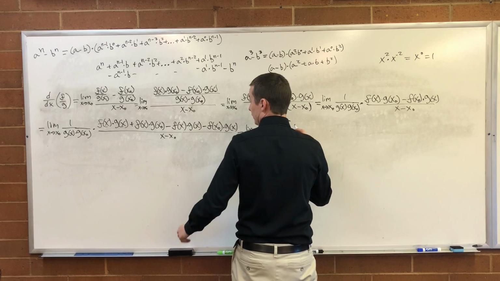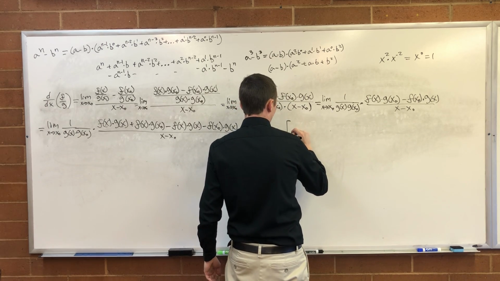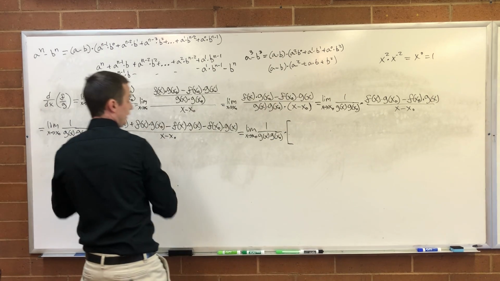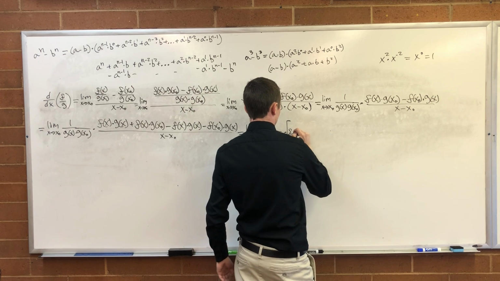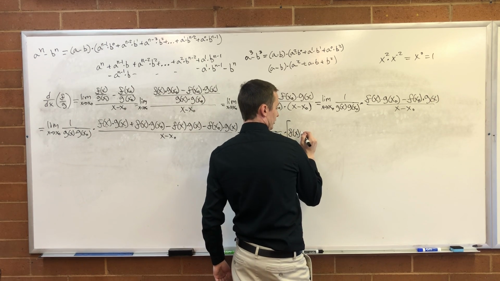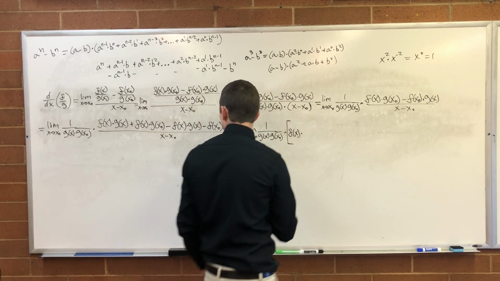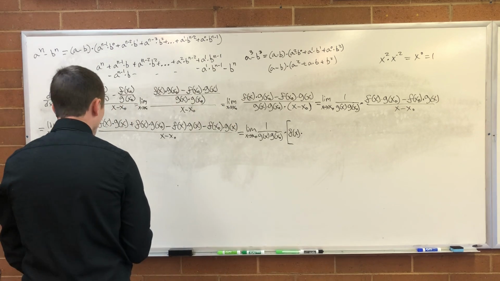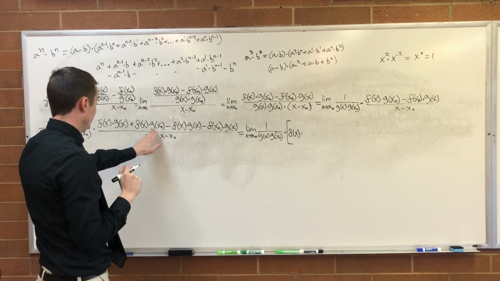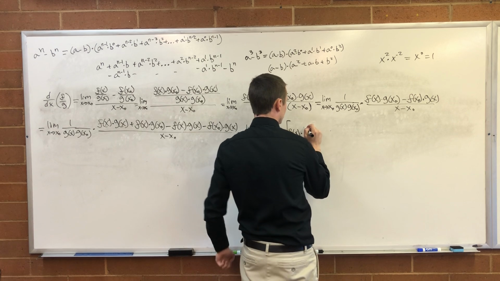So we're going to have these two terms. I'm factoring out the f of x. So f of x times g of x plus g of x naught over x minus x naught.